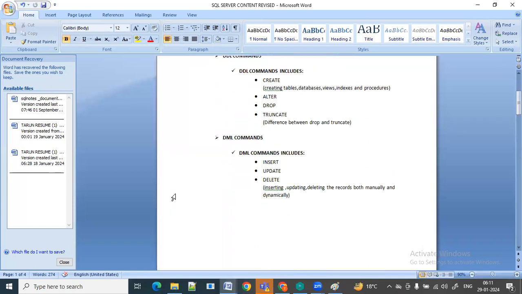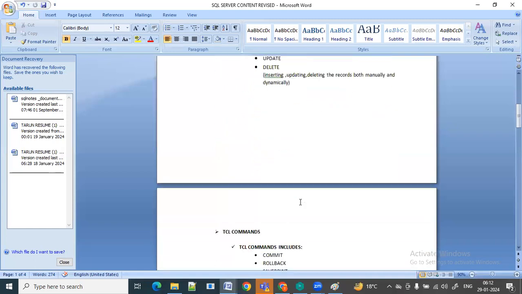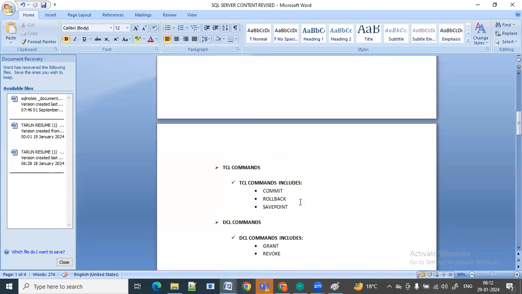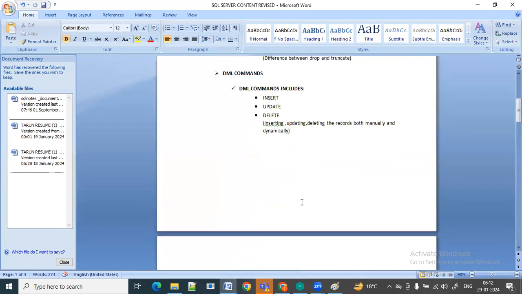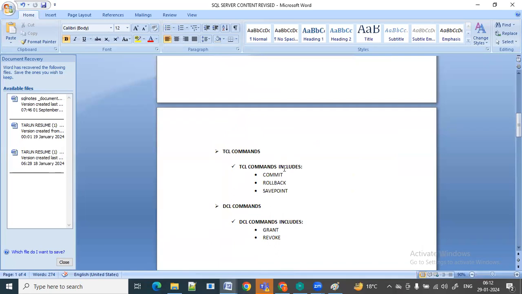After that, we will have DML commands, which means after creating, we need to insert some data, right? So after dealing with the structure, we need to deal with the records. And that is nothing but DML. TCL, it's a different story, which means the things we have done in the DML commands will be controlled by TCL commands.